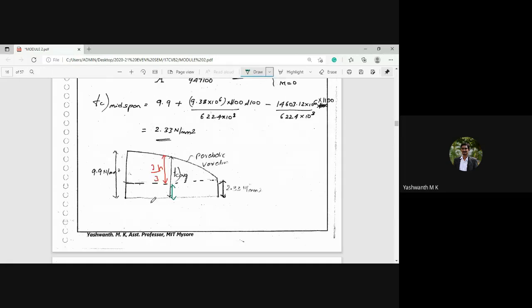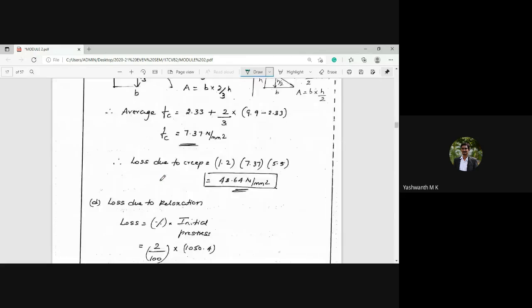Hence, we consider the average value of these. Is it clear? So after calculating the FC value, substitute all the entities, creep coefficient data, next FC, and then modular ratio, which will get you 48.64 Newton per millimeter square.